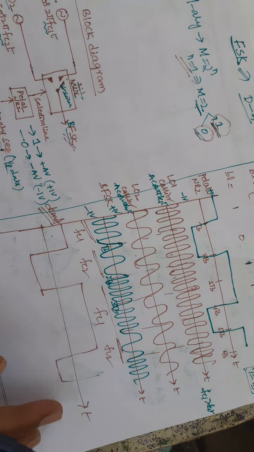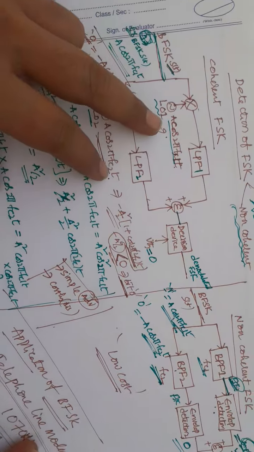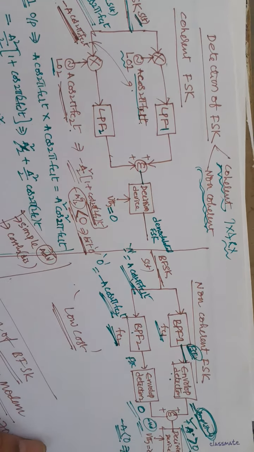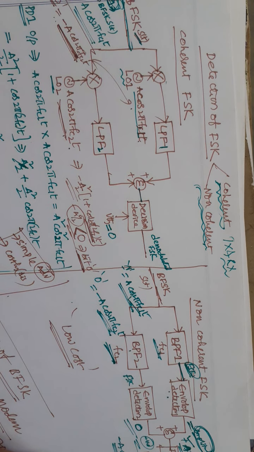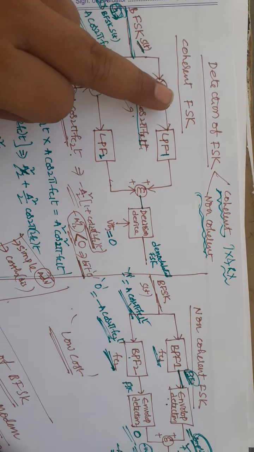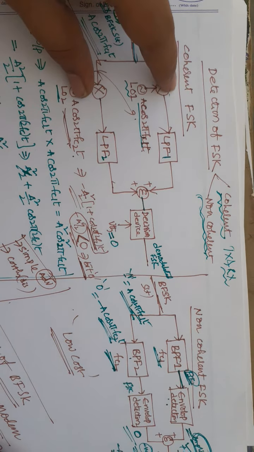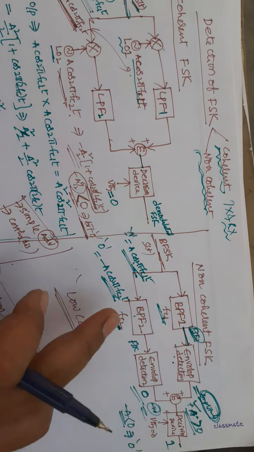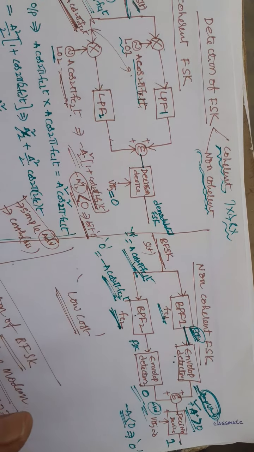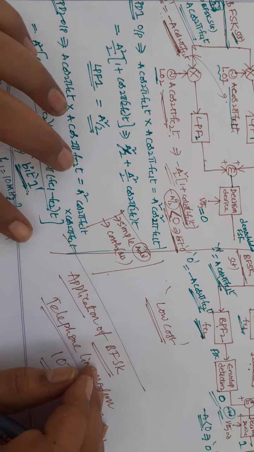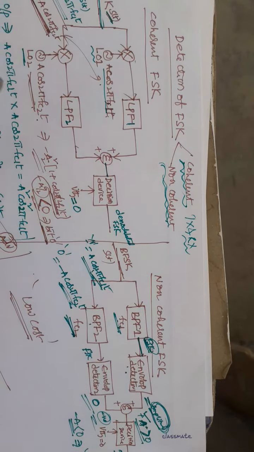I hope you understand the concept and detection of FSK, that is the coherent method and the non-coherent method. The coherent method is also called a synchronization method, so here we are using a local oscillator carrier at the receiver side. In non-coherent, we are not using any local oscillator carrier. This is the operation of FSK.